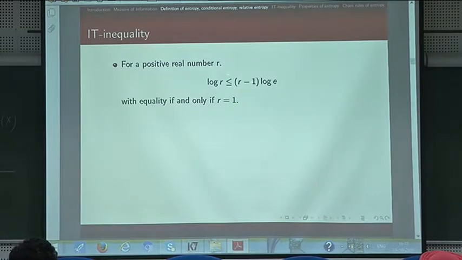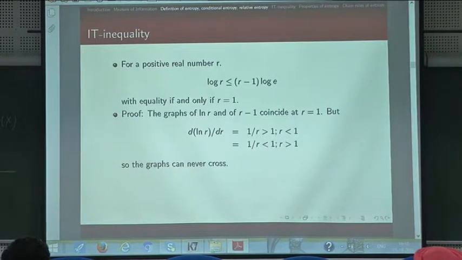Log of r is less than or equal to (r minus 1) log of e, with equality if and only if r is equal to 1. That means equality occurs at only one point, and that point is when r is equal to 1. In fact, this curve looks like this.